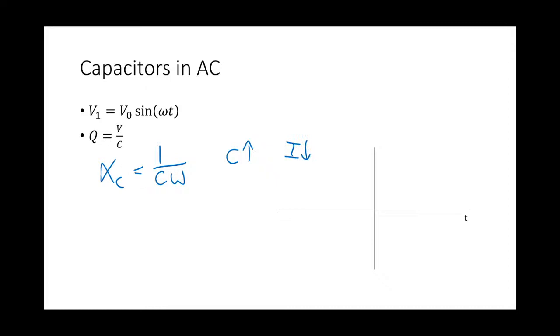If the omega goes up, your XC goes down, because V is equal to I times XC, since I is equal to V over XC.